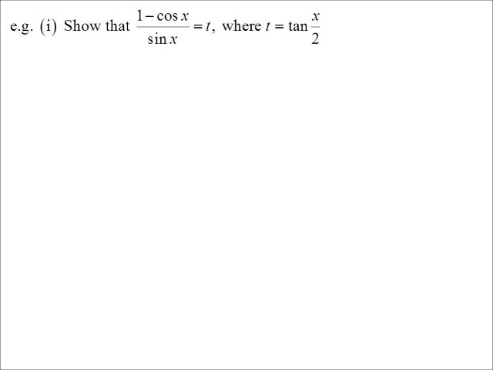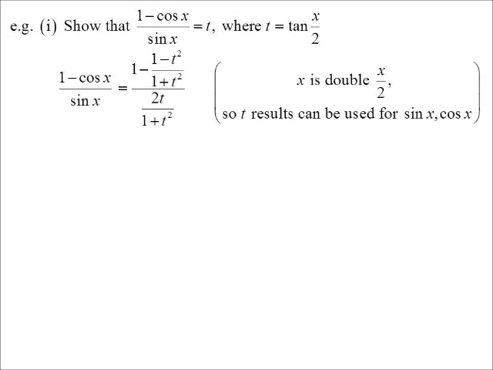If we've got to show 1 minus cos x on sin x is t, and they'd have to define for us what they want t to be, so t is tan x on 2. So I know I've got to use my t results, so it's just a straight substitution. So x is double x on 2, so I can use my t results for sine, cos, tan, and so on. So 1 minus t squared or 1 plus t squared.